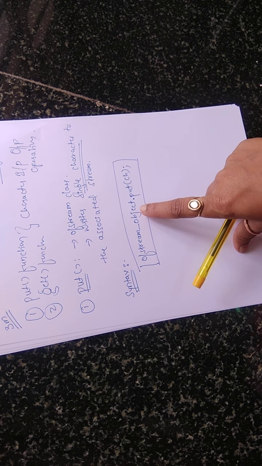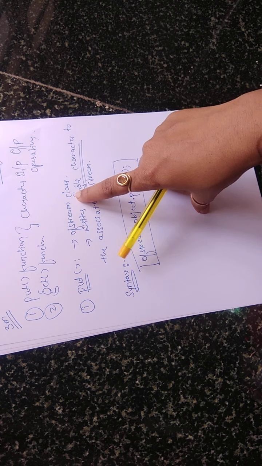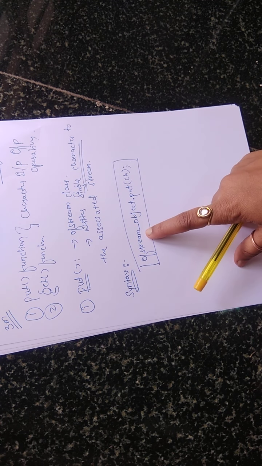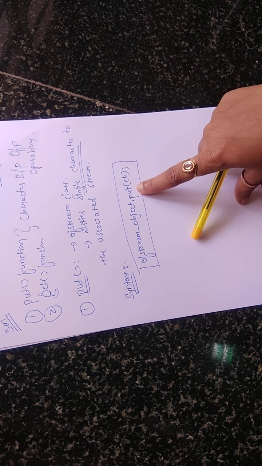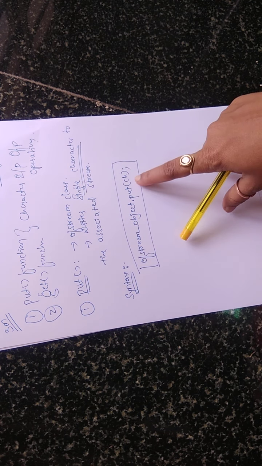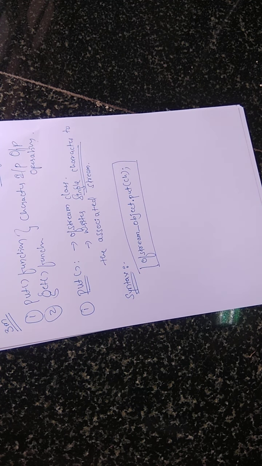Because it belongs to the ofstream class, compulsory you have to create the object of your ofstream class, and then put is your function name, and ch is an argument where you have to enter a single character. It may be anything between A to Z. So ch is a character constant, or else we can also call it a char variable.